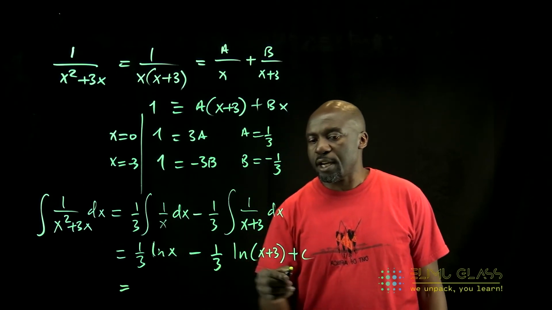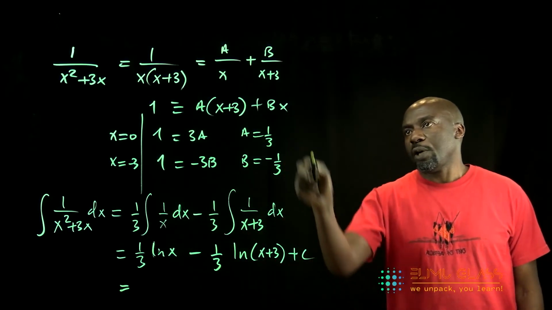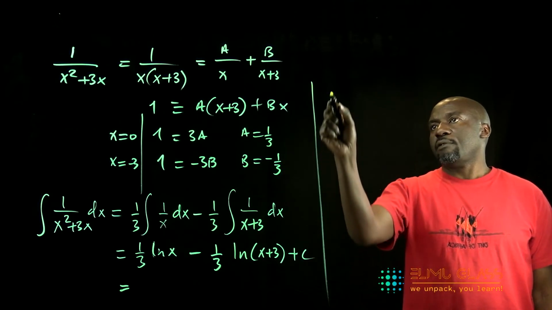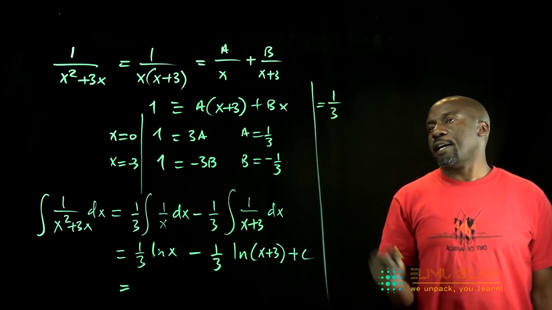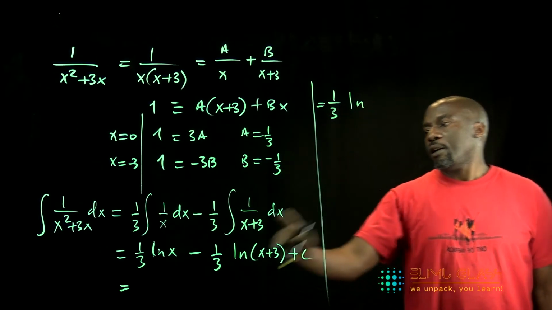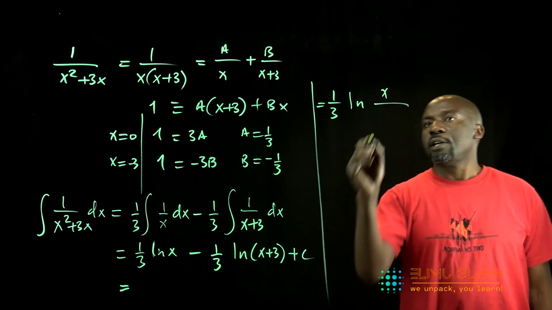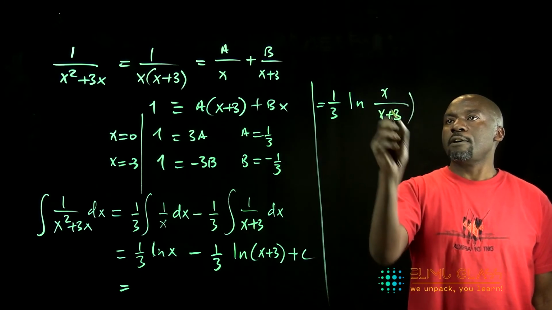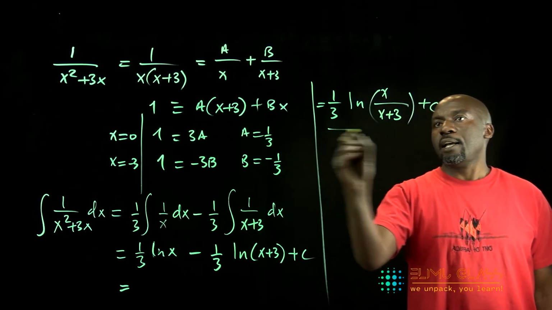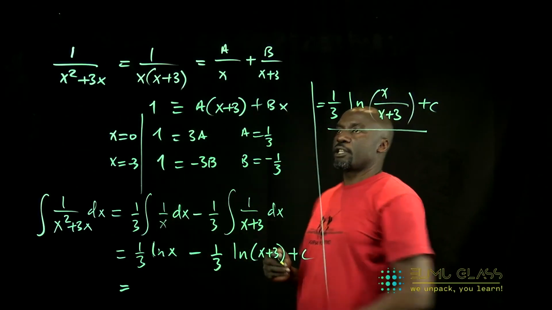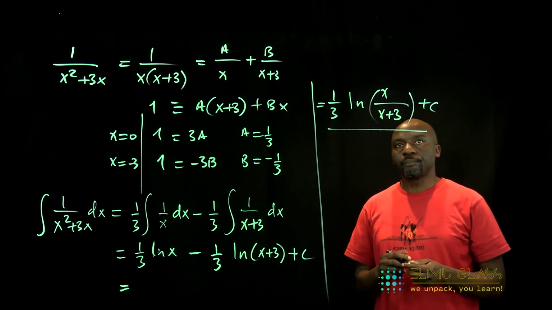This is already enough. It's the solution, but we could put them together, and we factorize 1/3 out, and we have ln of x, since this is added, so x goes up. This is subtracted, so x plus 3 goes down, and we say plus c, and that's the integral of that expression there. It is that easy.